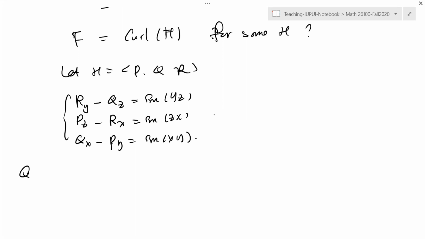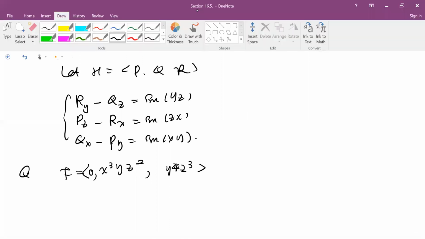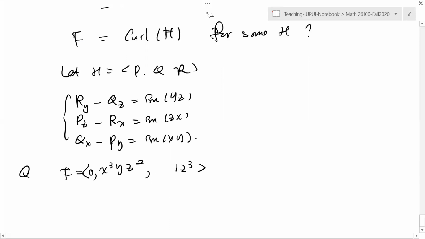Let me find another problem. Let's take a look at the following one. The first component is 0, the second component is 0, the third component is y to the fourth z cubed.